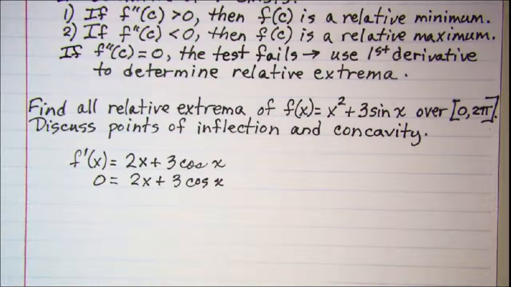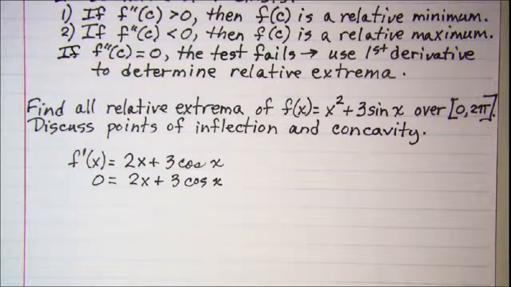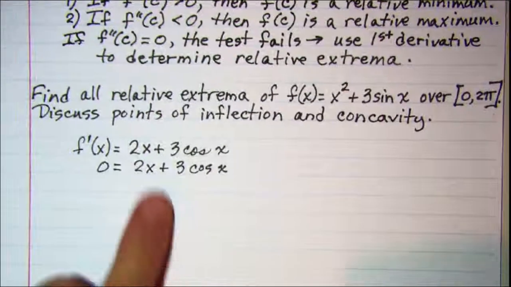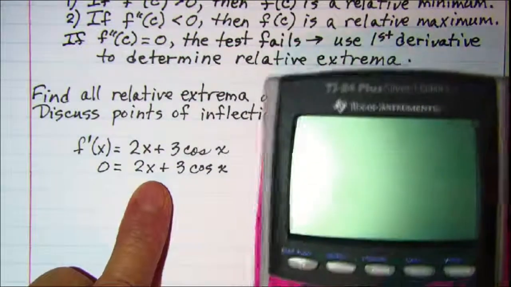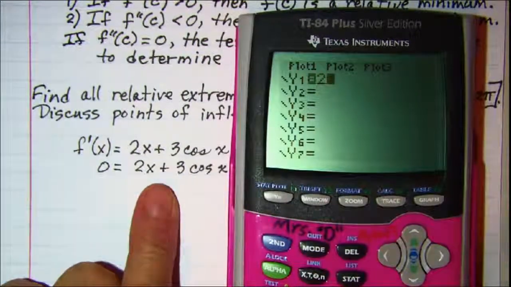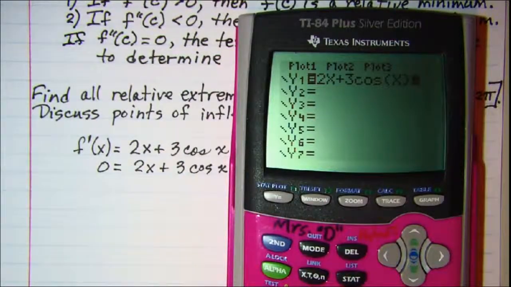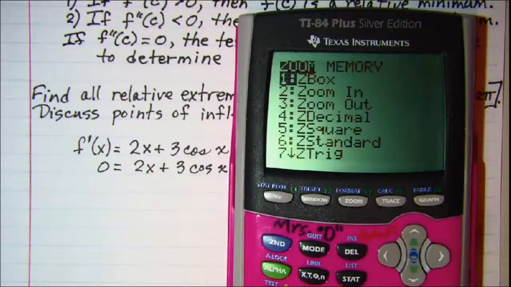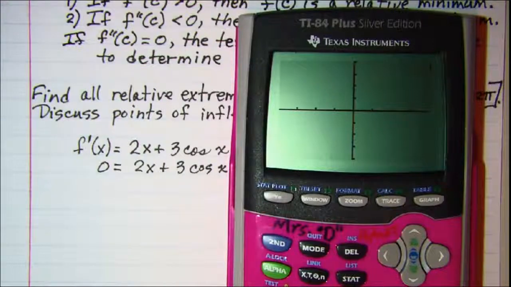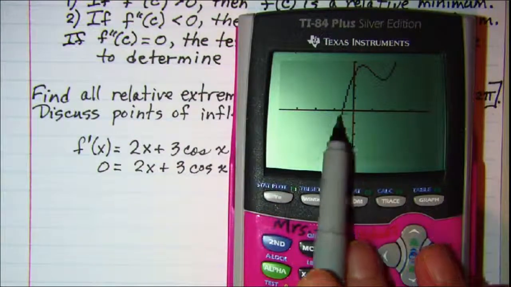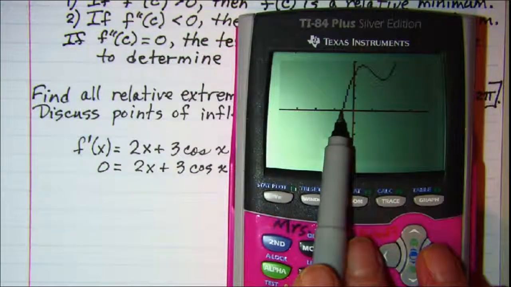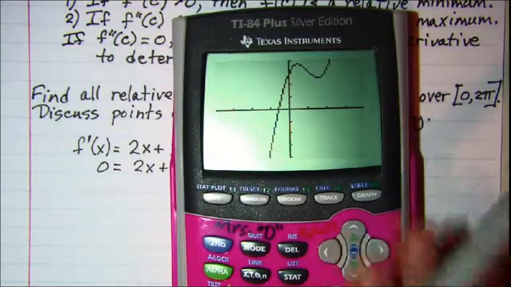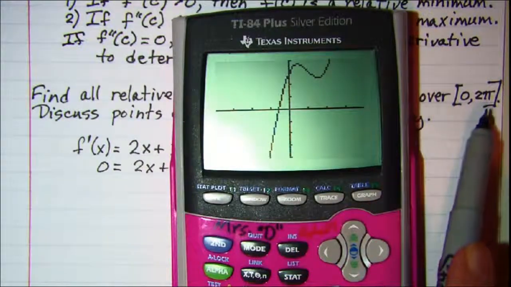And we'll need to use our graphing calculator to find the places where this function is equal to 0. I'm going to graph it and zoom trig. It looks like it crosses the axis here at this point, but our interval is from 0 to 2 pi.